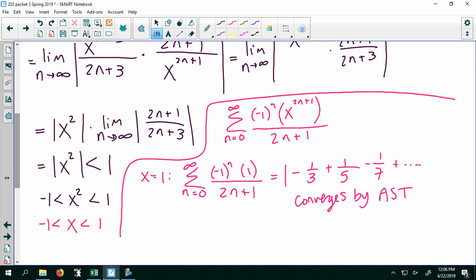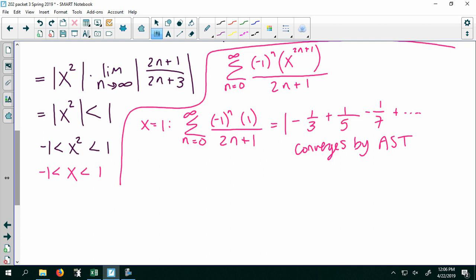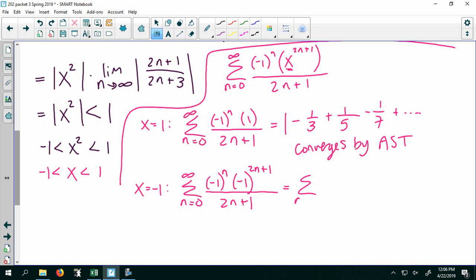All right, let's check -1. So this is the sum from n equals 0 to infinity of (-1)^n times (-1)^(2n+1). I'm replacing this x with a -1 this time, over 2n+1.